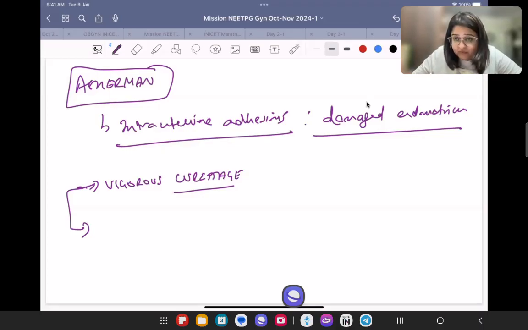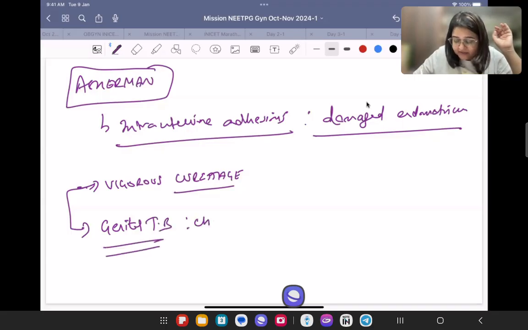Or another common cause which came in this year's NEET PG, they gave a scenario of secondary amenorrhea which did not bleed on estrogen progesterone, and then they gave a laparoscopic image of something. Anybody has seen that question? No, so another common cause is genital tuberculosis, especially in our country.